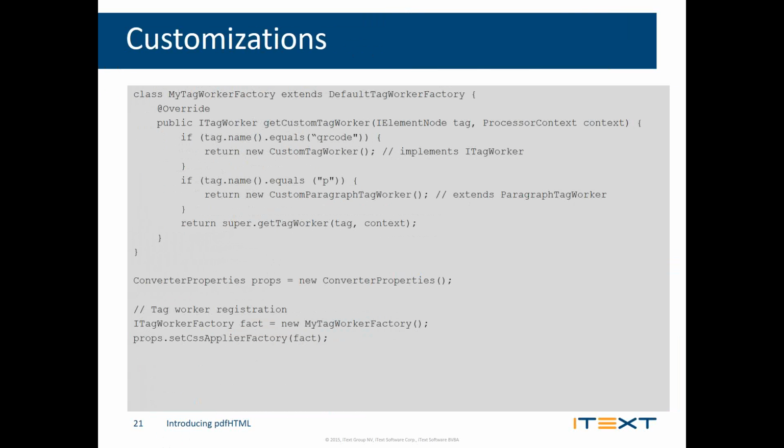The basic configuration will always take place unless you override this, and then you will have to specify the tag worker factory in your converter properties, and once you do that, it's 100%.